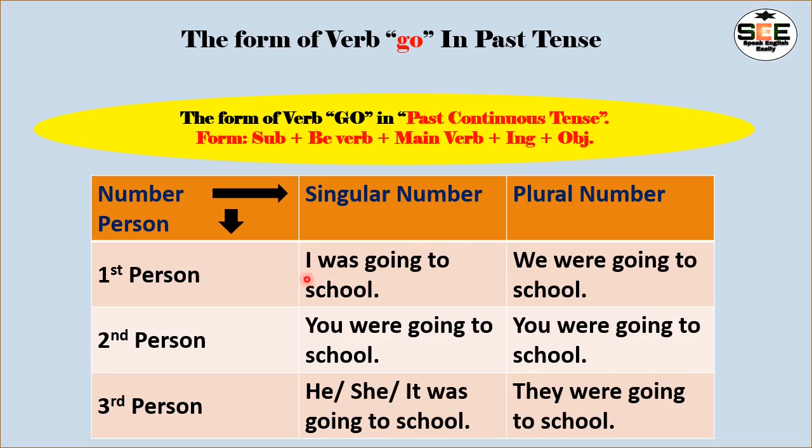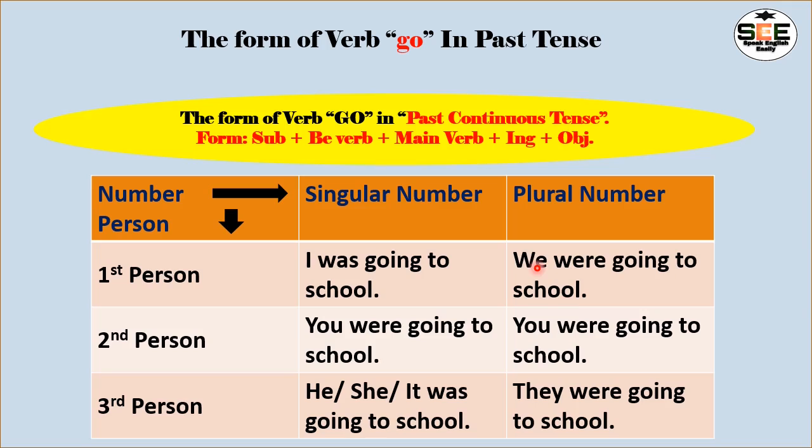So if we see the plural number in first person, we can see that I is replaced with we, and was is replaced with were, right? And the go verb here is the main verb, and ing is added with it so that we can make it continuous tense, and school is the object here, right?